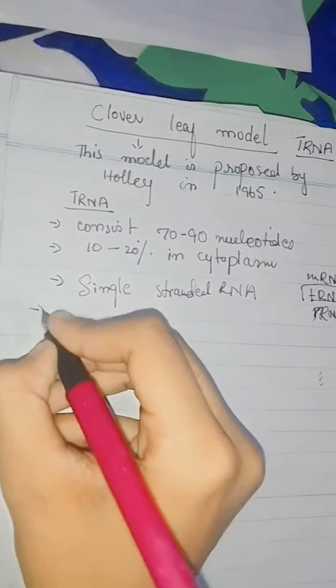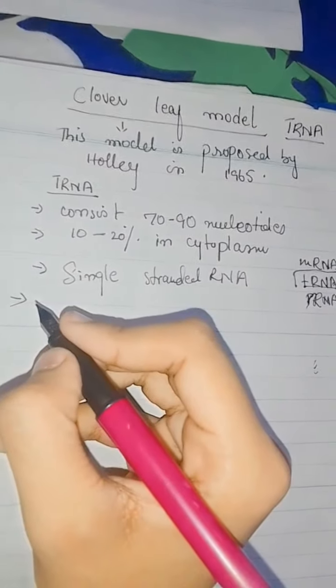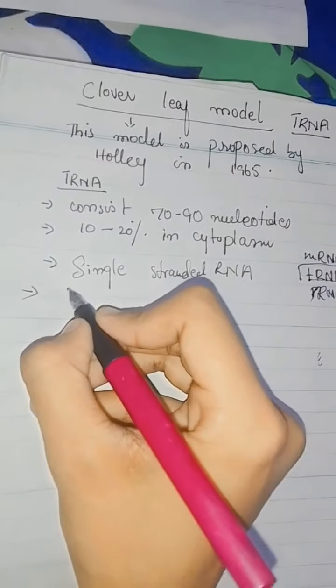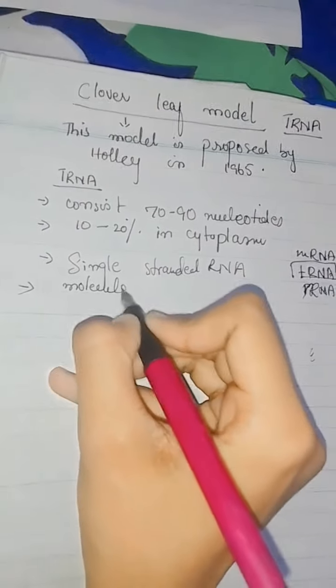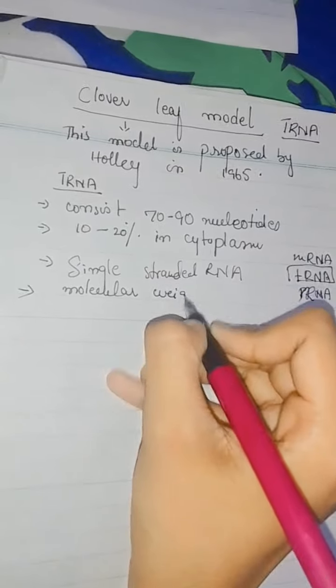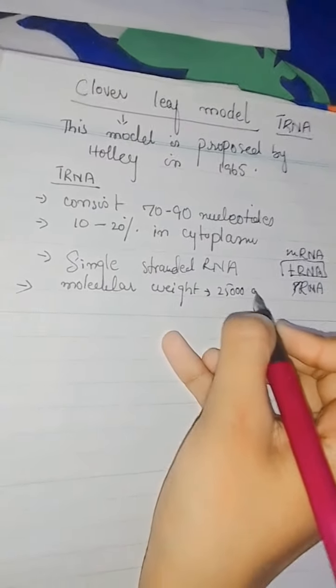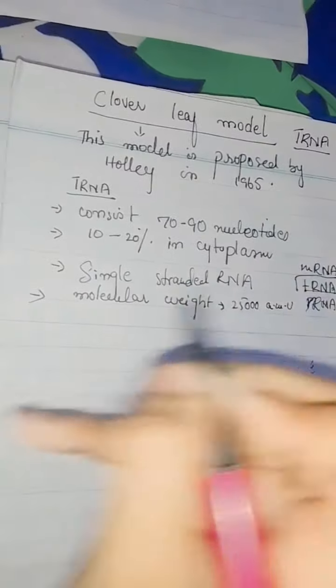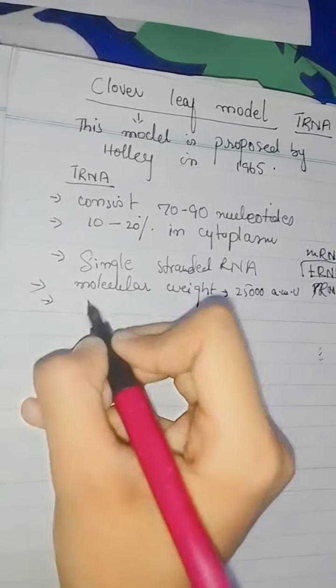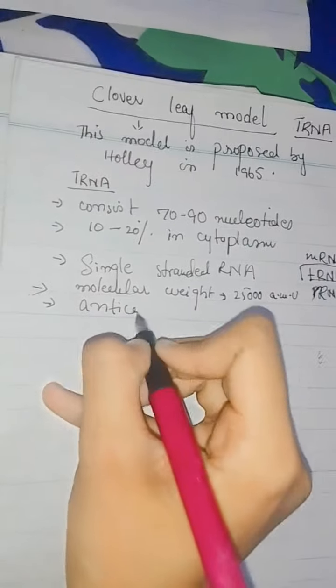If we talk about its molecular weight, the molecular weight of tRNA is 25,000 AMU, and it has anticodons as well.